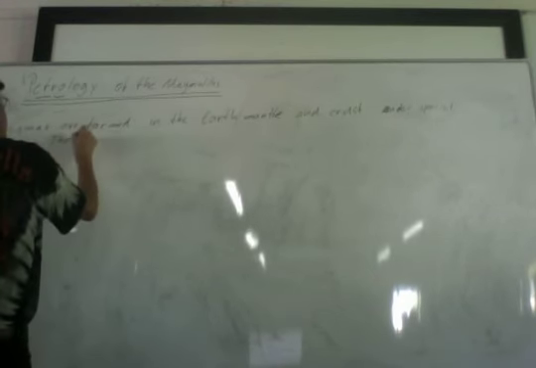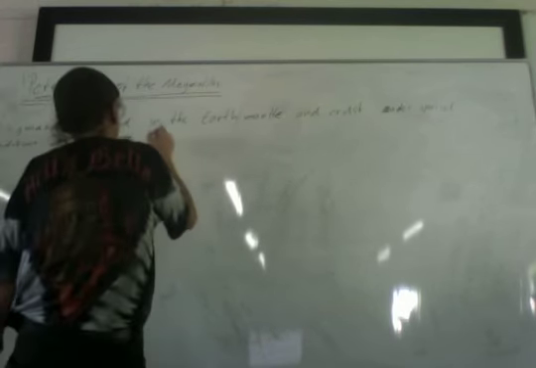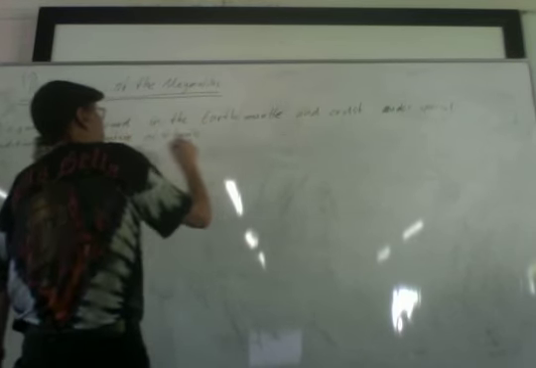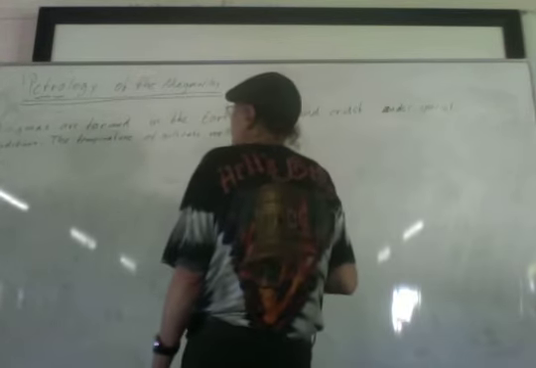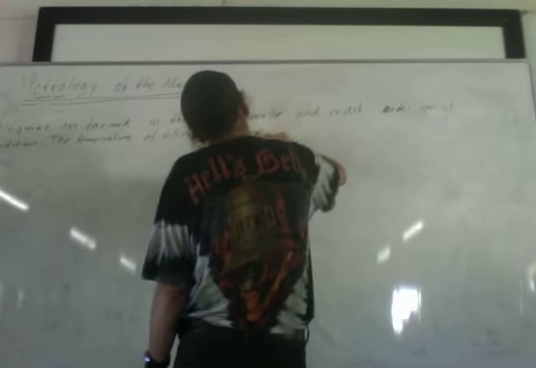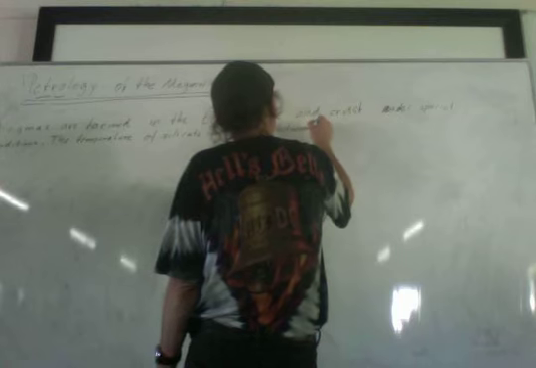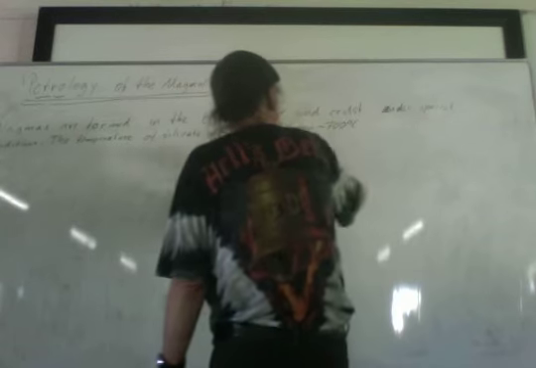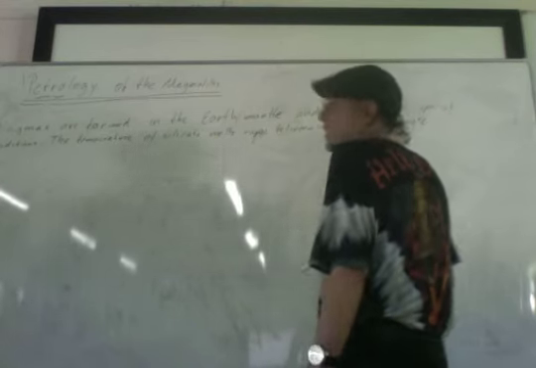The temperature of a silicate melt ranges between 700 degrees Celsius and 1200 degrees Celsius.